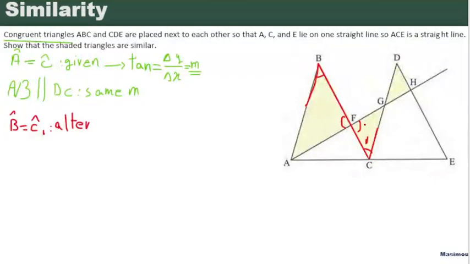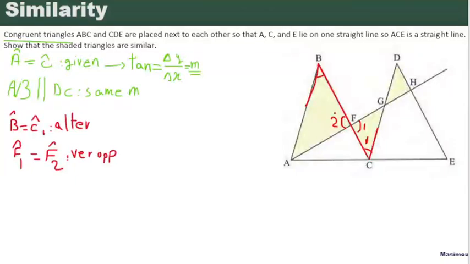I will go for the next reason. As we see here, I have F1 and F2. So angle F1 equals angle F2. My reason is they are vertically opposite.